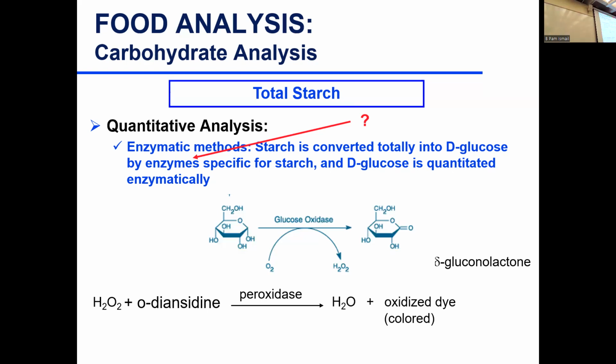Gluconolactone is a product, but we don't care about it. What we care about is the hydrogen peroxide generated.